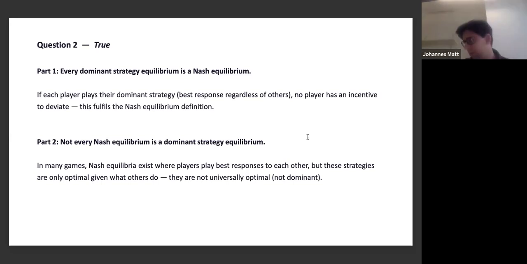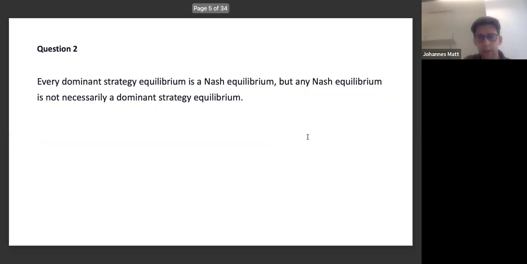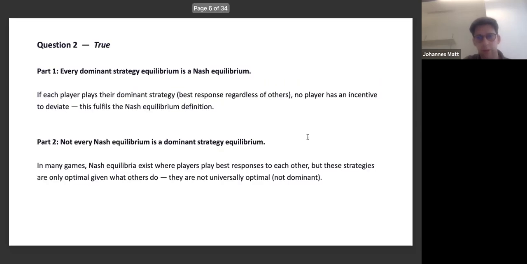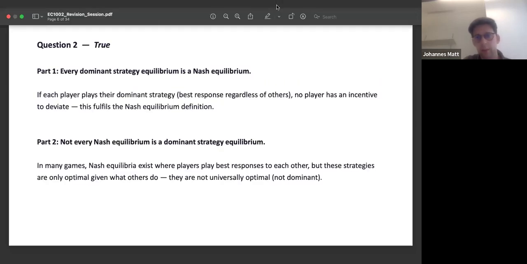A classic example of that is, for example, the prisoner's dilemma, in which we end up in an equilibrium that might be suboptimal because players anticipate each other's choices and therefore coordinate on that equilibrium. So the second part of that question is correct, right? So not every Nash equilibrium is indeed a dominant strategy equilibrium here.